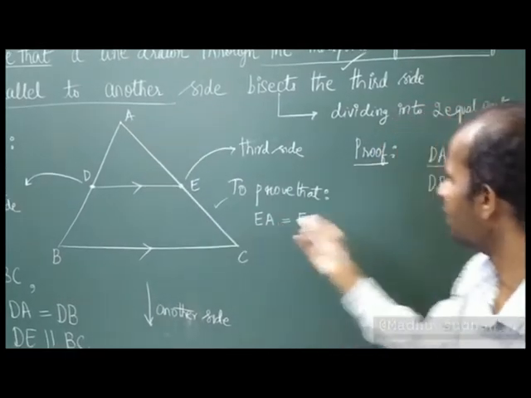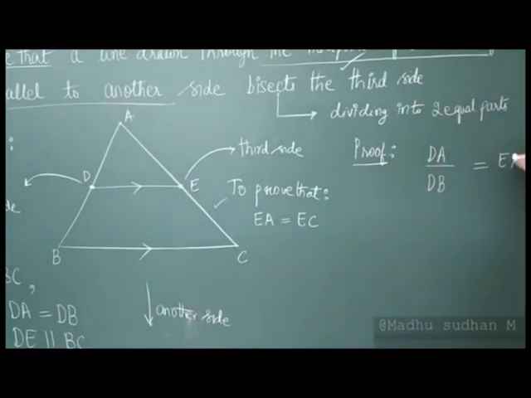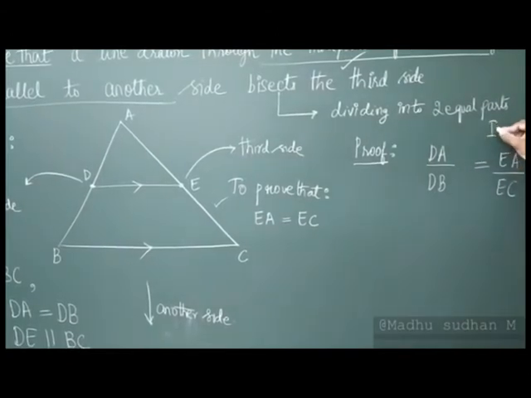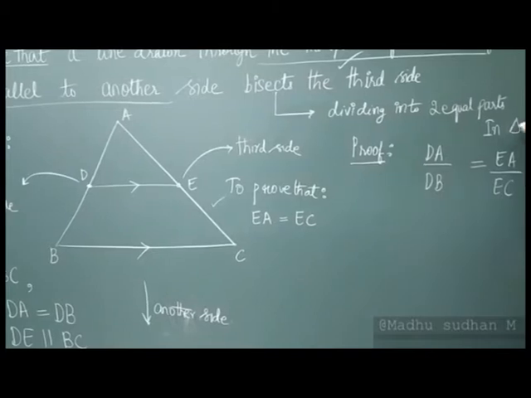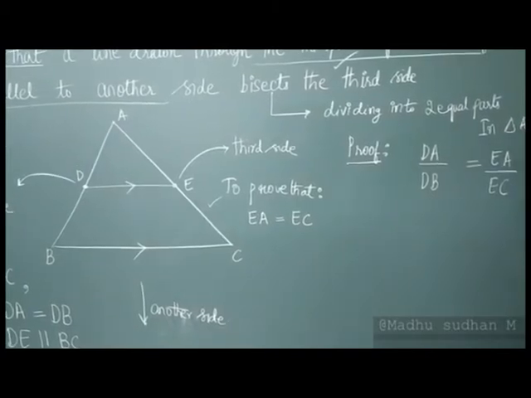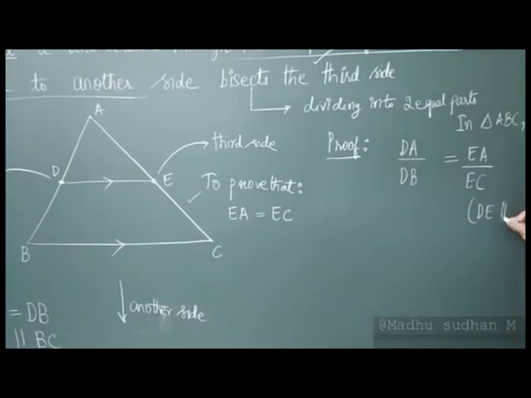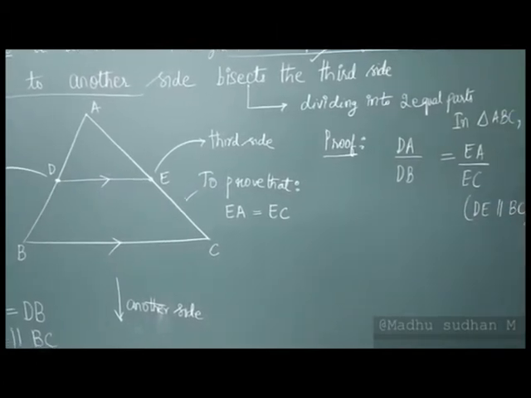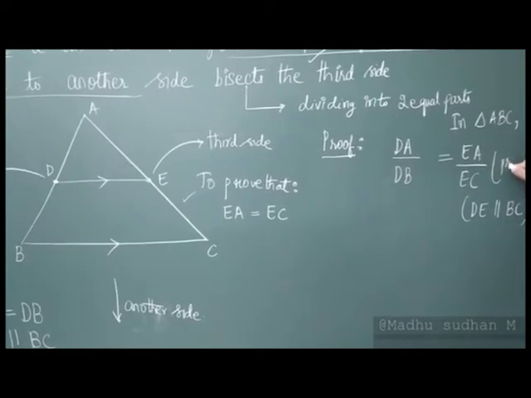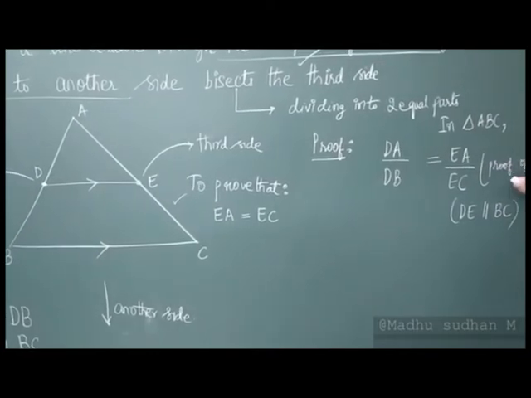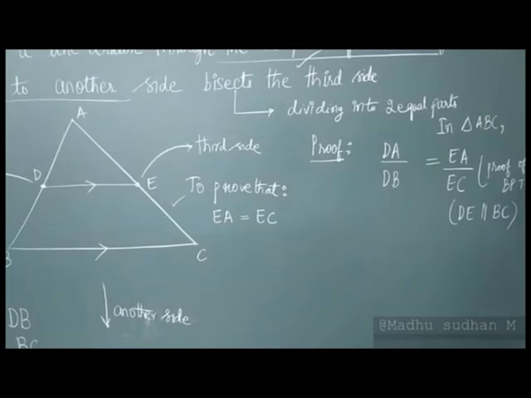EA by EC, right? So in triangle ABC, I should write the condition. Here DE is parallel to BC, and this is your proof of BPT. Followed it?